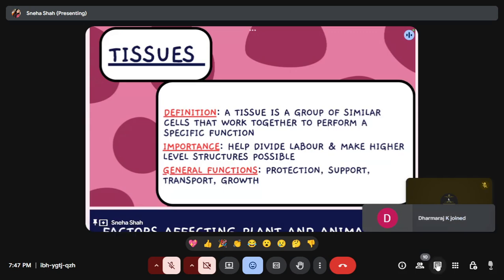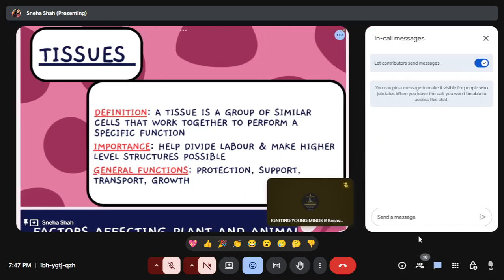Like we saw in cells, the cell of a plant has a cell wall to give it mechanical strength, but animals do not have a cell wall because they do not need the mechanical strength.